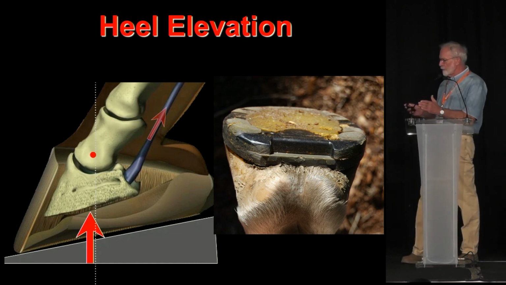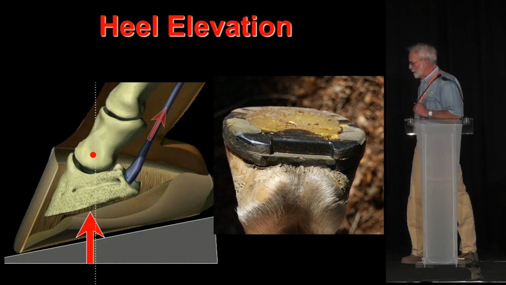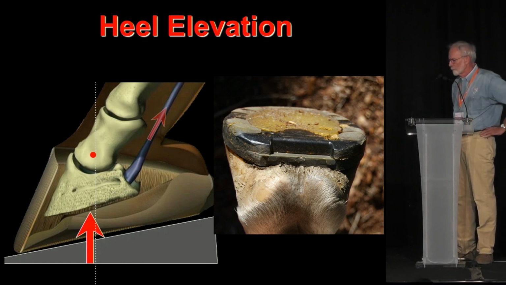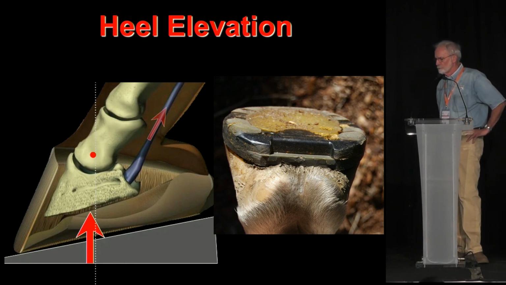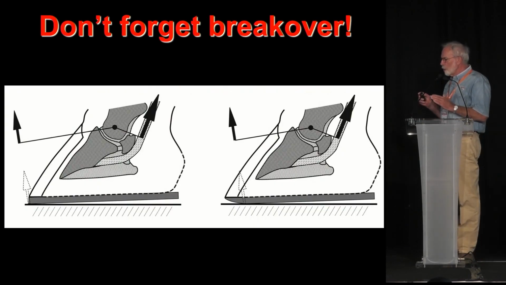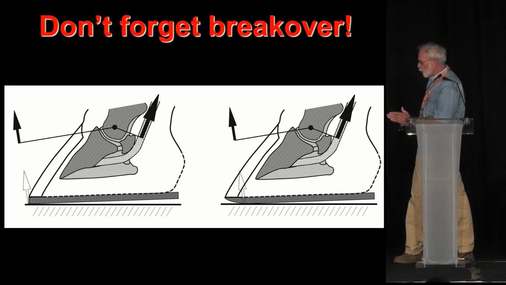So this is where the skill and the thought process of the farrier comes in. Okay. If you deal with the horse's heels, it's not going to help you if you don't also deal with breakover at the same time.